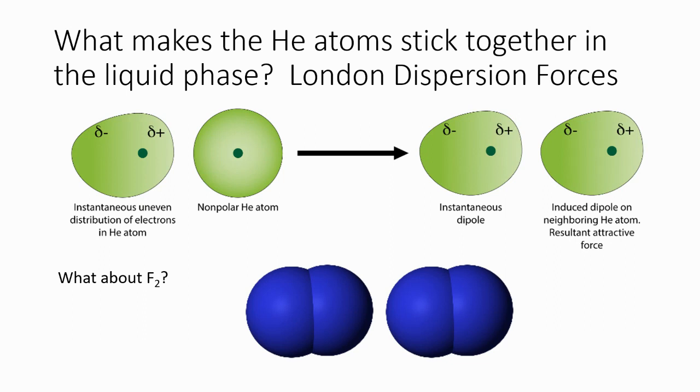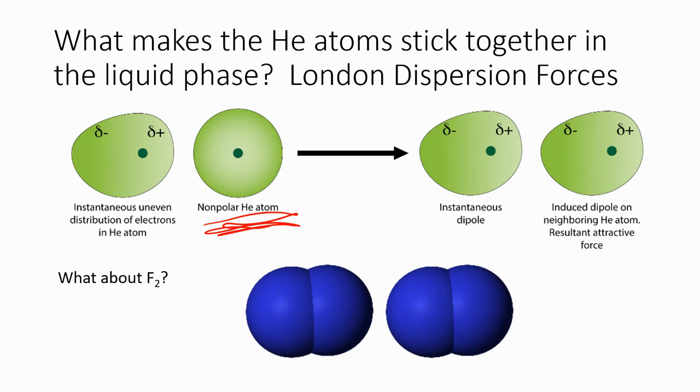In green on the left, I have two helium atoms. The one on the right is what helium's typically going to look like. What we're trying to display in that picture is that the electrons in helium are evenly distributed throughout the atom, so there's no distortion to the atom at all.